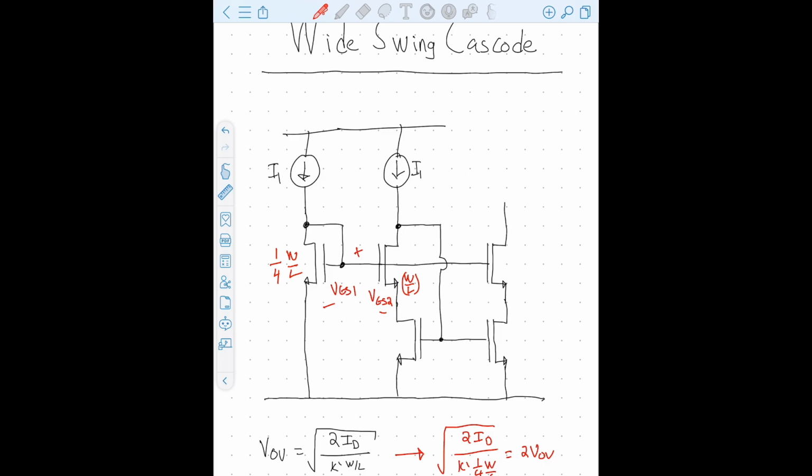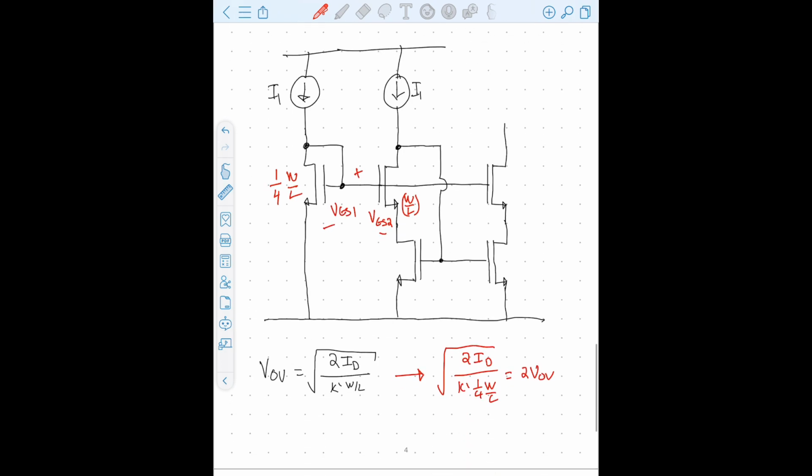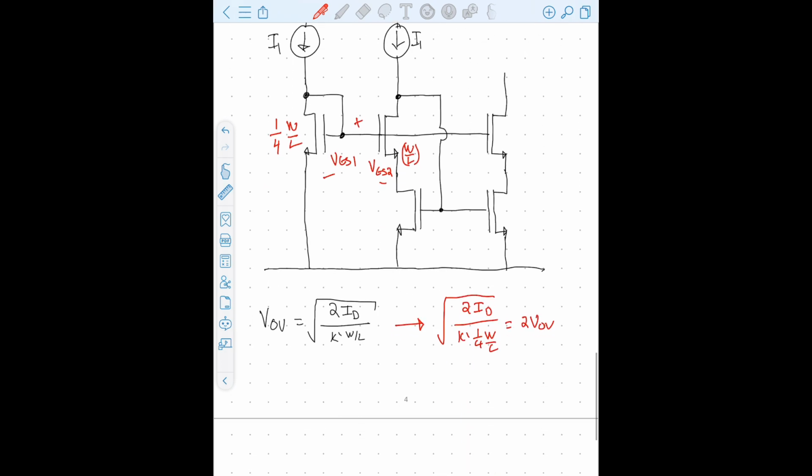So if we look at the one on the left, we just derived that's effectively going up a threshold plus 2 VOV, and then we go back down a VGS1, which is simply a threshold and a VOV. So this works out to be a VOV. So we have impressed upon this drain and this drain the overdrive voltage, the VOV and the VOV.